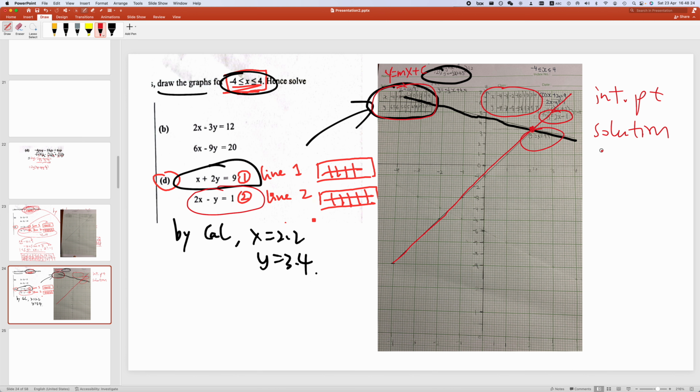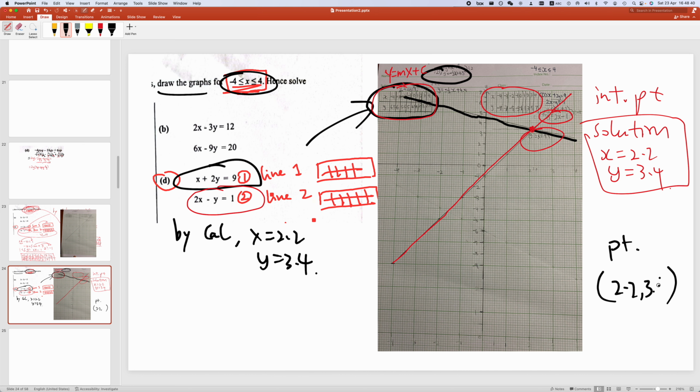So the solution format is x equal to 2.2, y is equal to 3.4. What is the point format? The point format is 2.2 and 3.4. Are you clear? Okay? So this is the way to graph two equations and solve.